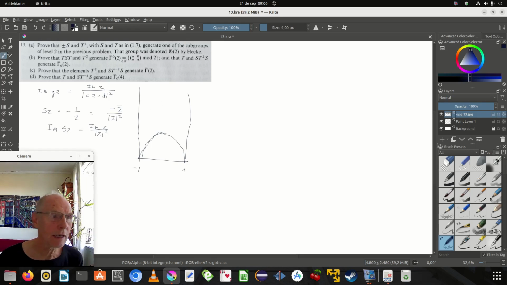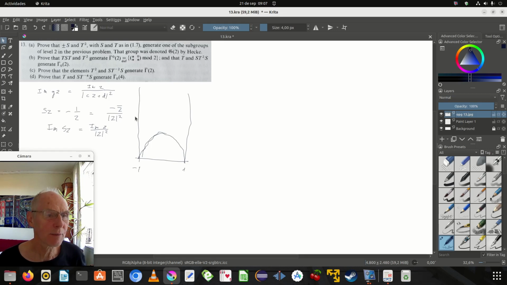And then first we move our Z into this strip using T squared, and if it's in the interior of this circle, then we have the contradiction, so it must lie up here.